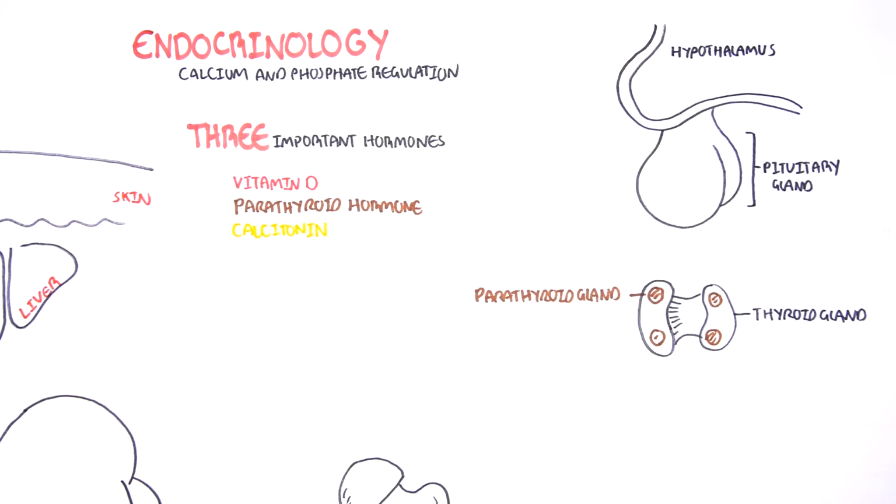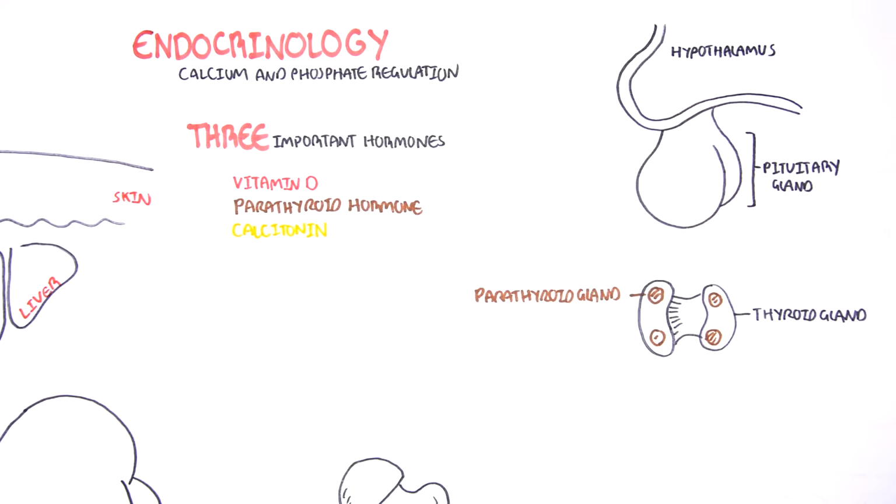So the hormone that we'll firstly concentrate on is the parathyroid hormone. But before that, we have to see what the significance of calcium and phosphate is in our body. So we have to regulate calcium and phosphate levels because, for one, calcium is important for muscle contraction, nerve conduction, and phosphate is important for other biochemical processes as well as energy.